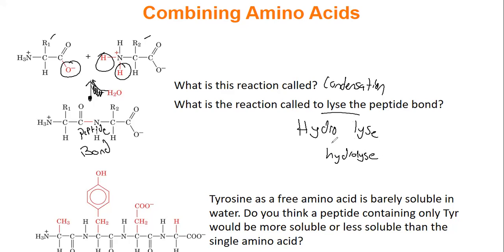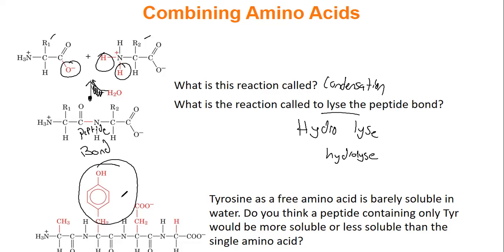And one amino acid, tyrosine, shown here. Now, if I just have pure tyrosine, that is tyrosine not in a peptide bond, tyrosine can be soluble in water. Barely, but it is. So one question I have for people is, let's say I have like 5 tyrosines and I put them in a peptide bond, right?